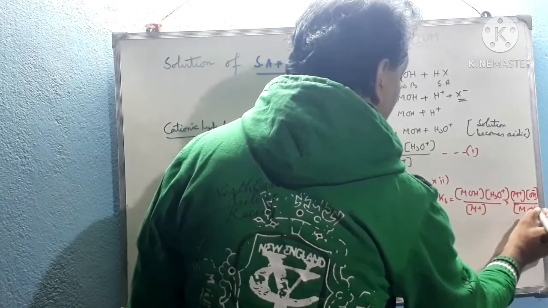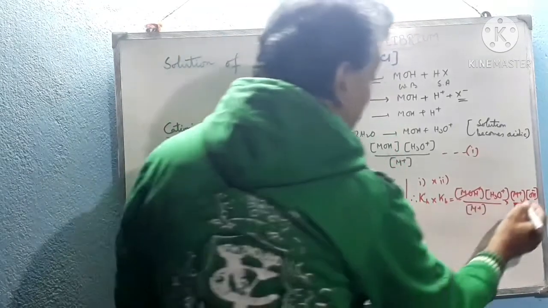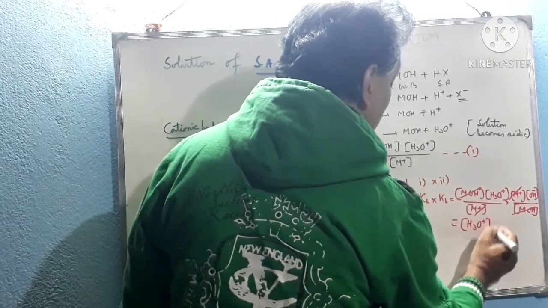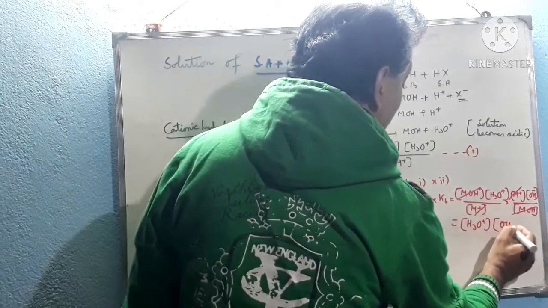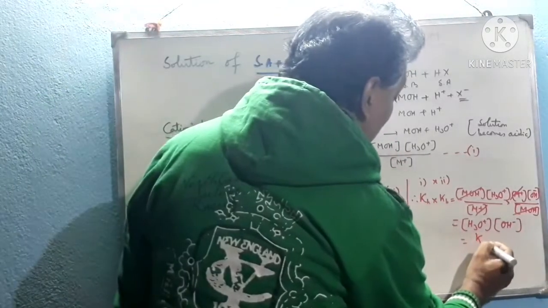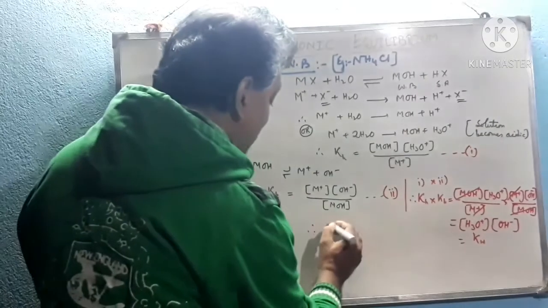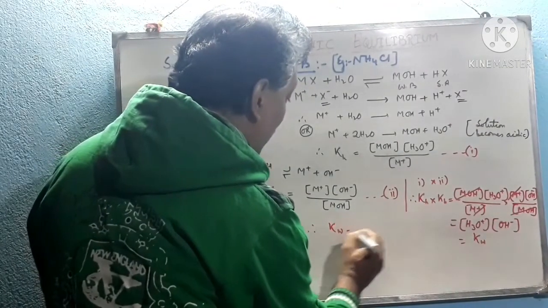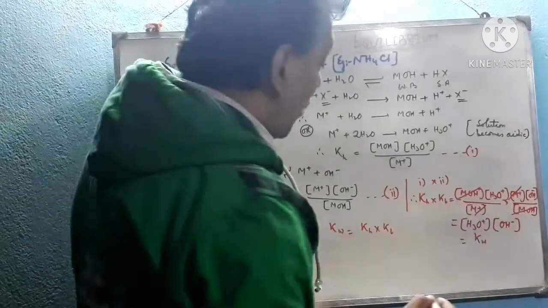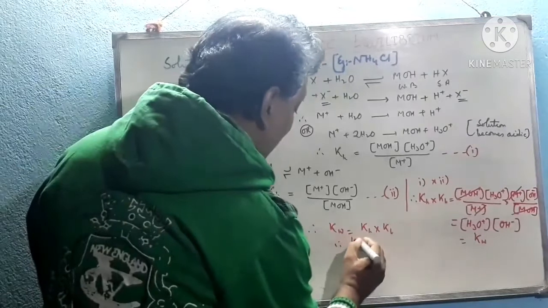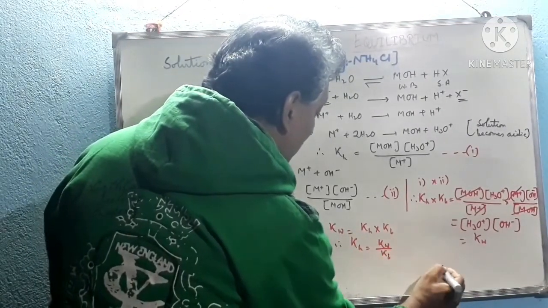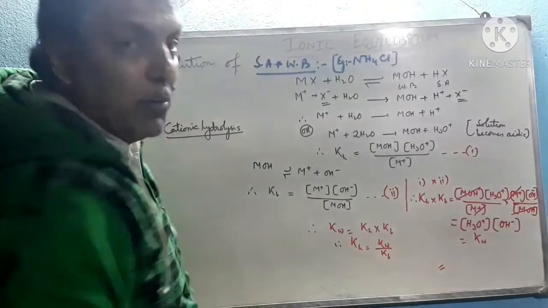So by cancelling MOH and M plus, we get only the H3O plus concentration into the OH minus concentration, and we know that the product of these two represents Kw. So from this expression we can say that Kw equals Kh into Kb. Kw, we know, is the ionic product constant of water. Therefore Kh equals Kw by Kb.